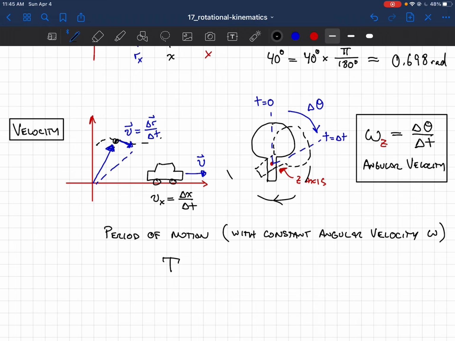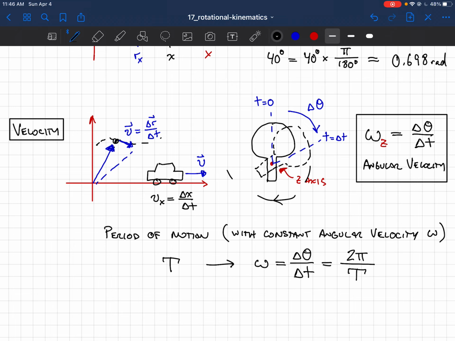We write that as T here. And so what does that mean? Well, it means that we can write omega is equal to the total angular distance traveled around divided by the total time traveled, which for a full circuit would be 2 pi all the way around divided by the period.